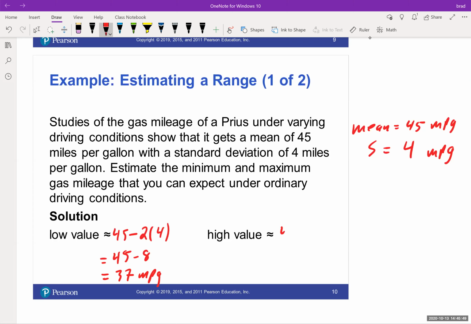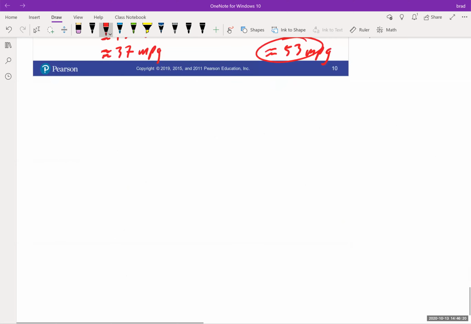On the high end, we take 45, the mean, and add 2 times the standard deviation, so 45 plus 8, which is approximately 53. So driving this car, we would expect to get anywhere between 37 and 53, and that would be considered usual. Anything outside of that would be unusual.